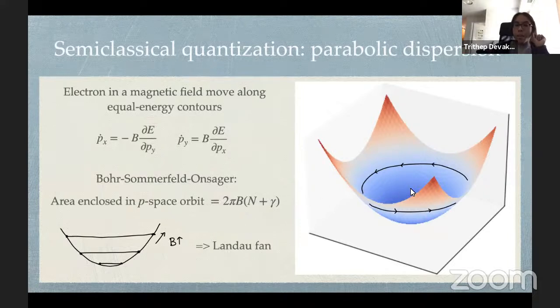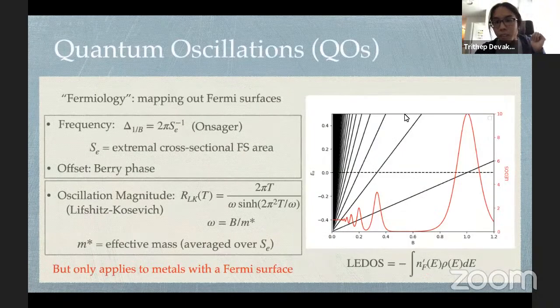But if you have some Berry phase in the middle, then that'll show up in this offset. So the picture is that we have this quadratic band. We have orbits that are associated with different energies. And as we increase magnetic field, these orbits move upwards along this quadratic dispersion. And so if I go back, that gives rise to this Landau fan structure.